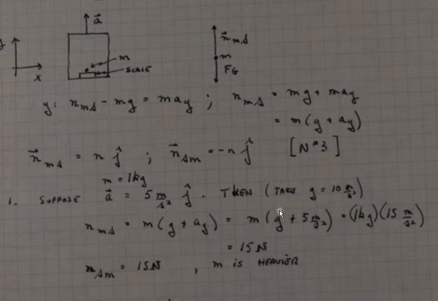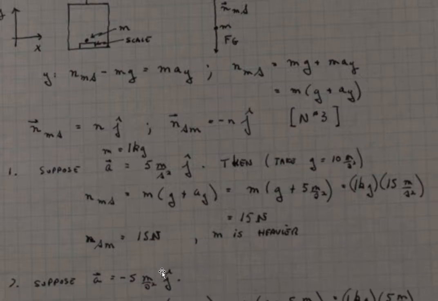In other words, it's 10 plus 5, which is 15. 1 times 15 is 15 newtons. That's the normal force of the scale on the mass. Again, by Newton's third law, the normal force of the mass on the scale is the weight registered on the scale, and that's 15 newtons.